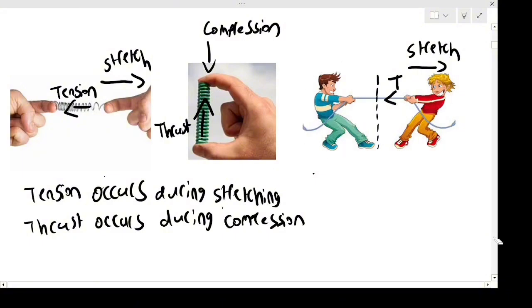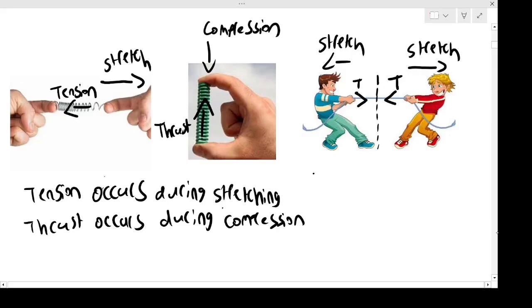Then on the left, the guy on the left stretches the string to the left, which means on that part of the string the tension acts to the right to oppose the stretching. Hopefully that gives the general gist of how the forces work in a string or spring: it acts the opposite way to the stretching or compression.